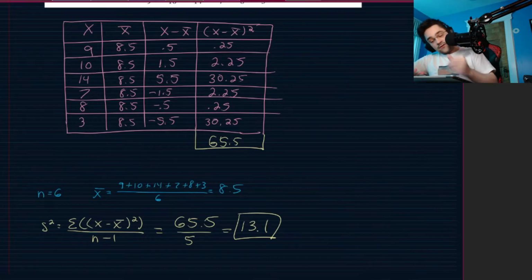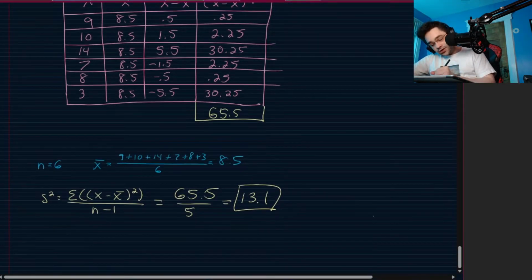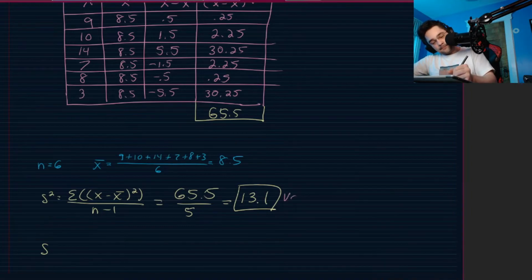And that's our variance. And what would our standard deviation be? Remember, that's s. Let me just write here variance. Variance is s squared for a sample. S, that's standard deviation for a sample. It's just the square root of that. So square root of s squared, that's square root of 13.1.